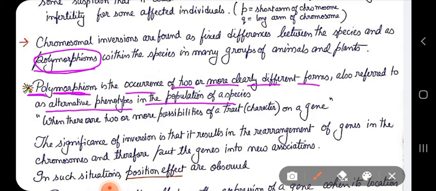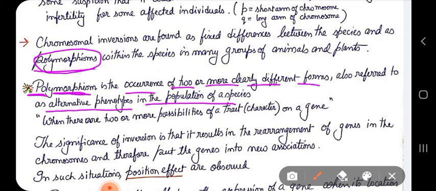And what is the significance of inversion? It leads to rearrangement of genes that will help to put the genes into new associations for some desirable traits, for some desirable characteristics.